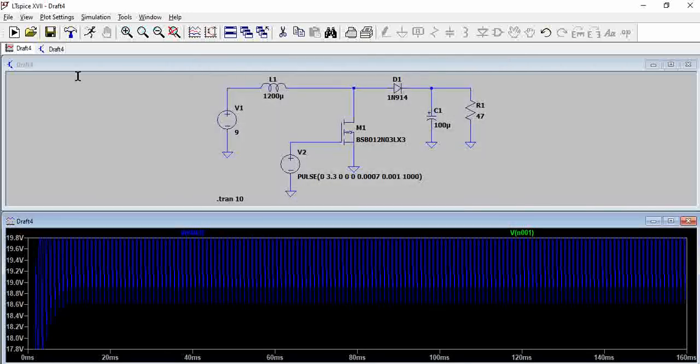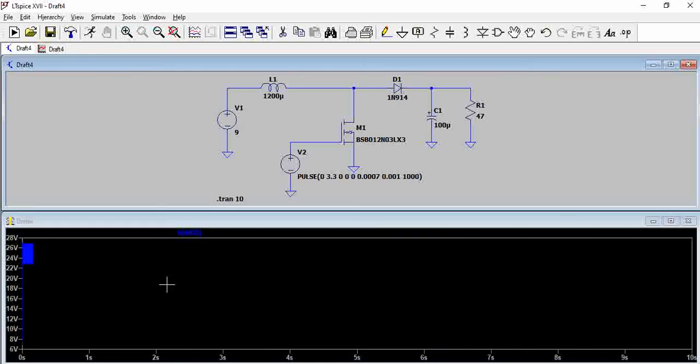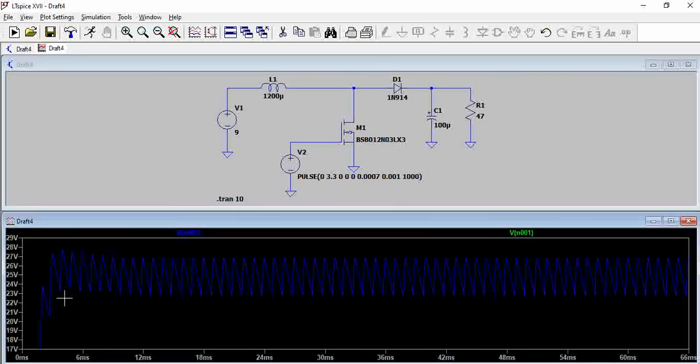So when we simulate now, okay, you can see here. Right now, as we said, ignore the output ripple. You can see here the output voltage has increased. That means the operation of this boost converter depends on how much the inductor can sustain, basically the output voltage, and then the duty cycle of this MOSFET.